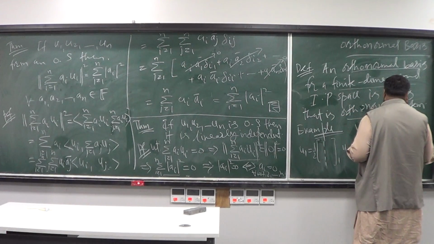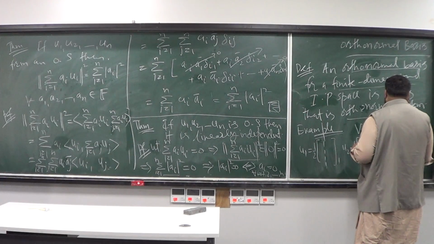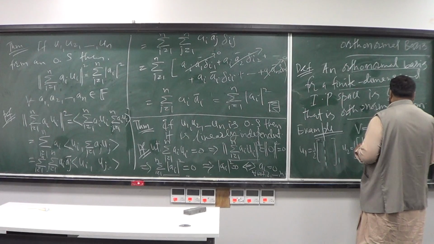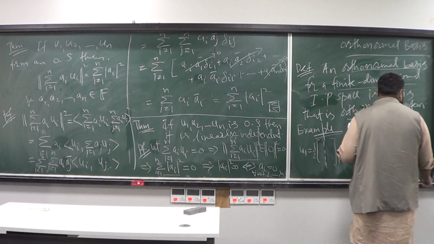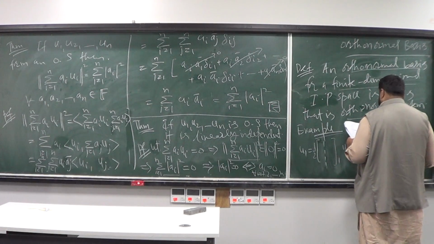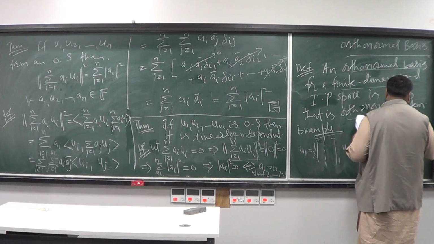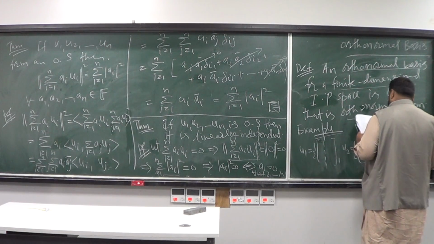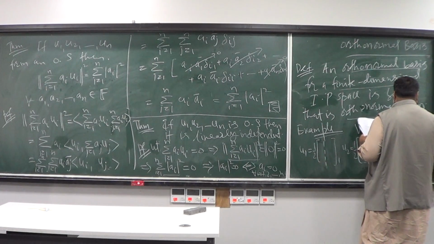and let's take U4 as a vector that goes like 1/2 multiplied by the vector (1, minus iota, minus 1, and iota).